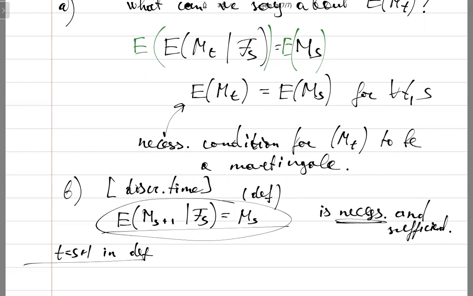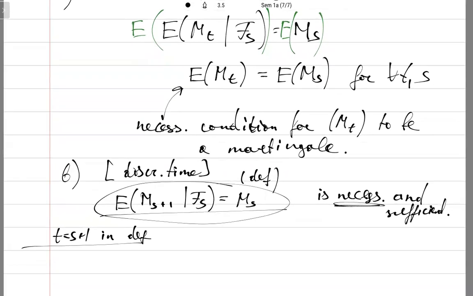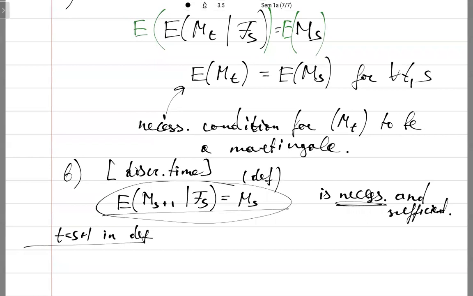Why is it sufficient? Let's prove that this property is sufficient in discrete time. When you work in discrete time, this property simplifies checking whether the process is a martingale. The first property simplifies checking that something is not a martingale, because if the first property is violated, then you are happy.